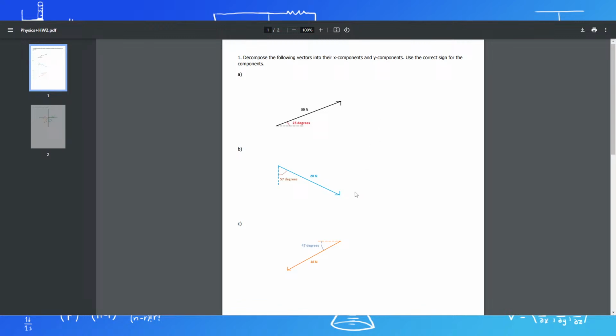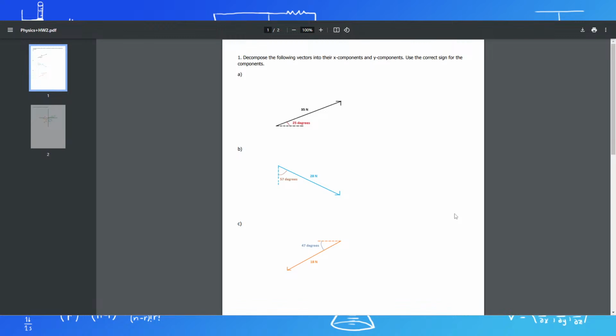Basically, if these three weren't enough to get you to quickly look at a vector and go 35 cosine 25, 35 sine 25, done, then you can just draw more random vectors like this and assign random angles to them and practice that until it becomes second nature, this automatic, no thinking required sort of ordeal.